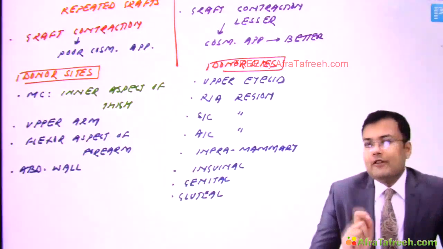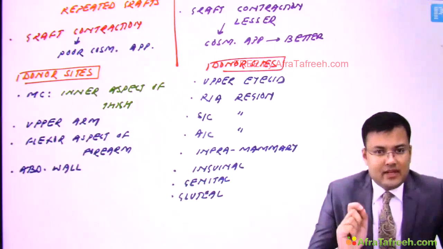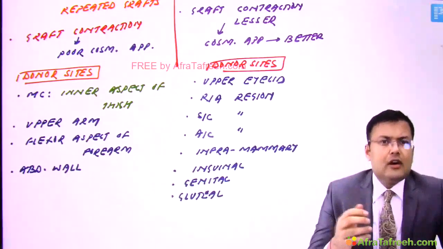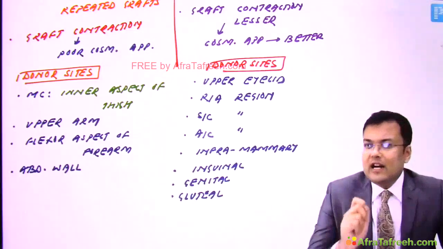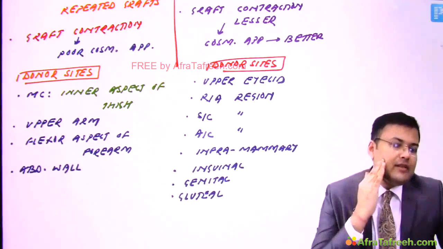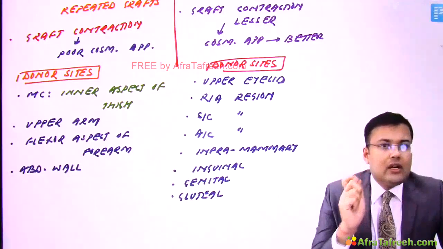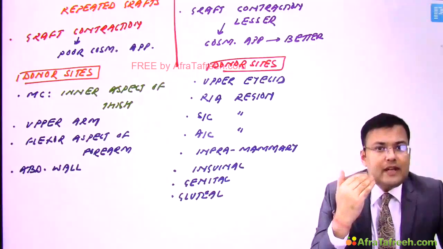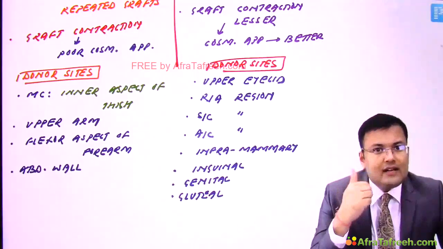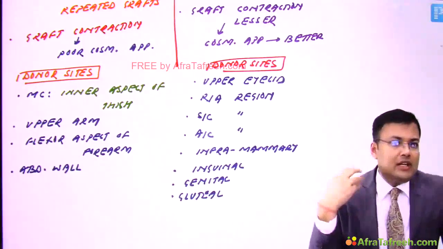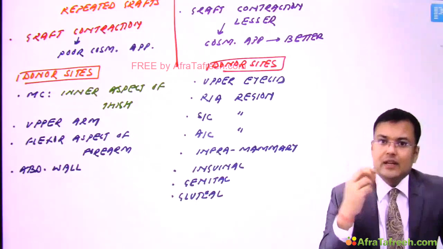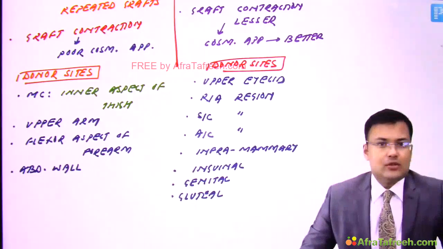Whenever we go for full thickness skin grafting, because of better cosmesis we should avoid any kind of color mismatch. Suppose we are using it on the face, the color of the graft should be very close to the color of the recipient bed. It should not be that you take the graft from the gluteal region and apply it over the face. So this is the grafting.